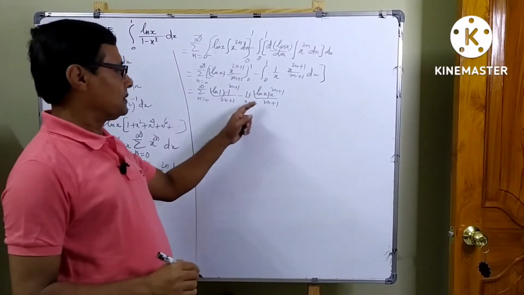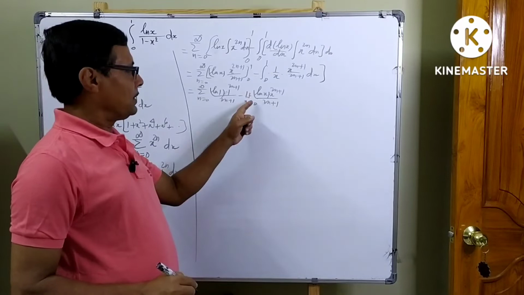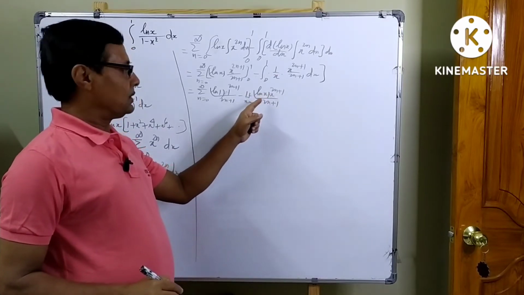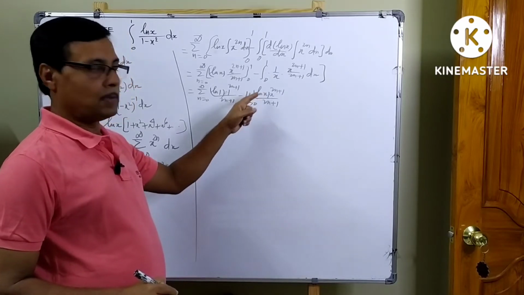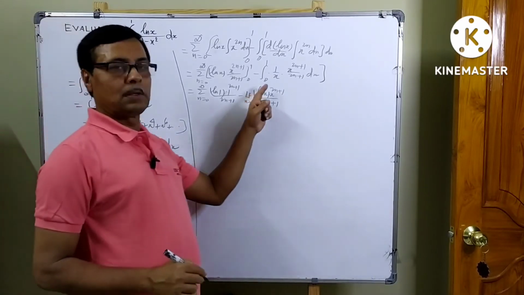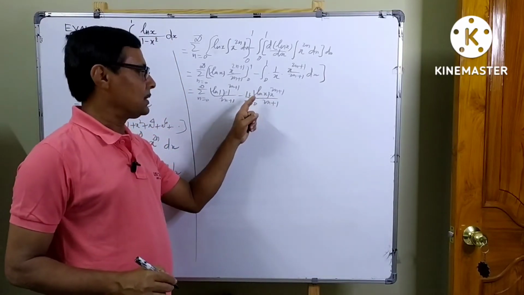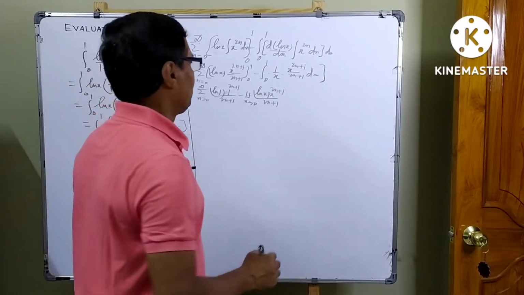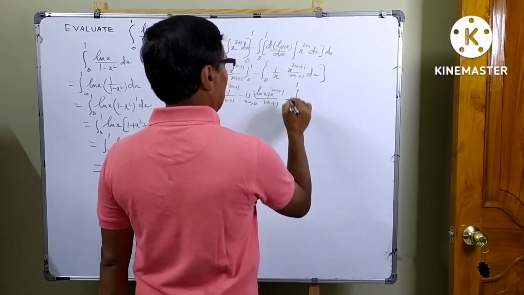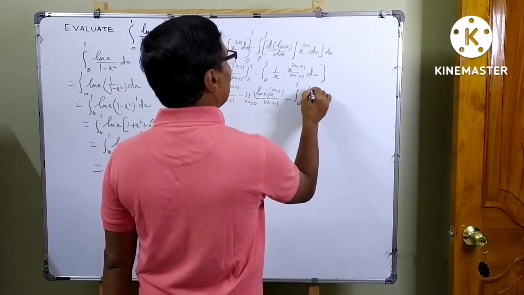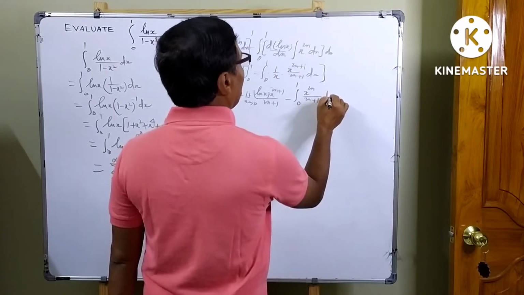We take the limit because if we put x equal to 0 directly in this function, the value is undefined. So we take the limiting value at x equal to 0, minus integration 0 to 1 of x to the power 2n over 2n plus 1 dx.